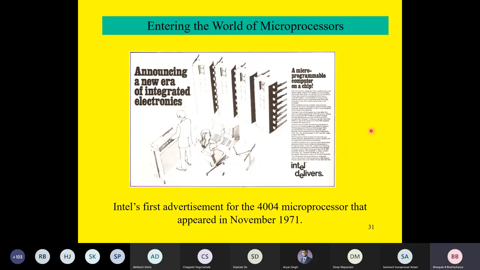This is a full-fledged computer on a chip. You might wonder how many transistors were there in this microprocessor? Just a few thousand.